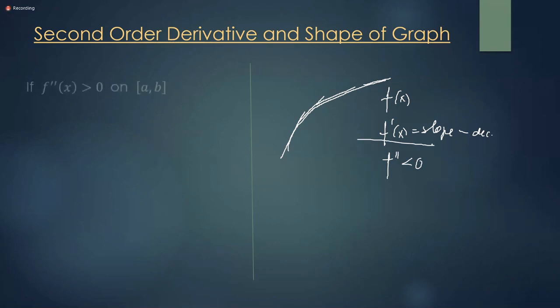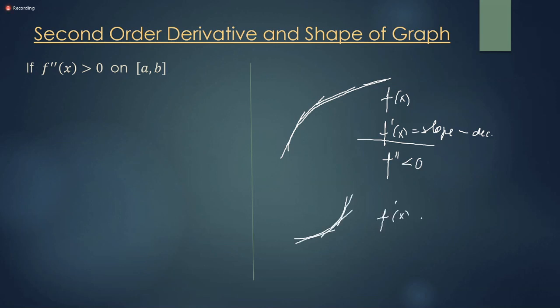On the other hand, if the first derivative increases, that means the second order derivative must be greater than 0.